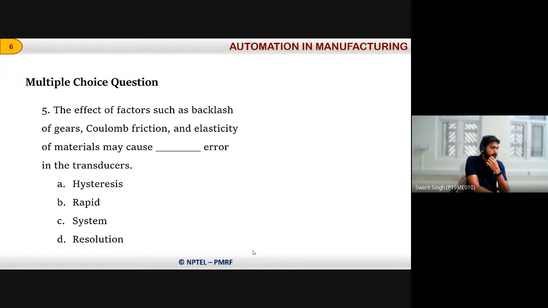Okay, so again A is the answer. Yes, this type of error is known as hysteresis error.